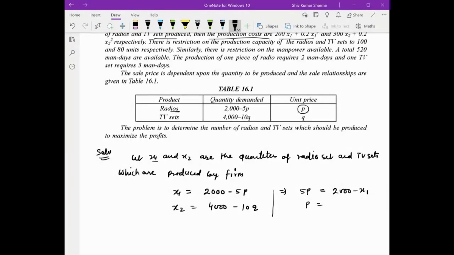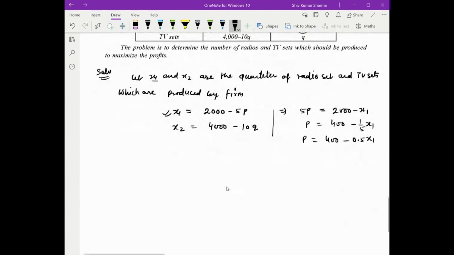So we write the value of P equal to 400 minus 1/5 x1. So P equals 400 minus 0.2 x1. So this is the value of P, we use this, then we discuss.